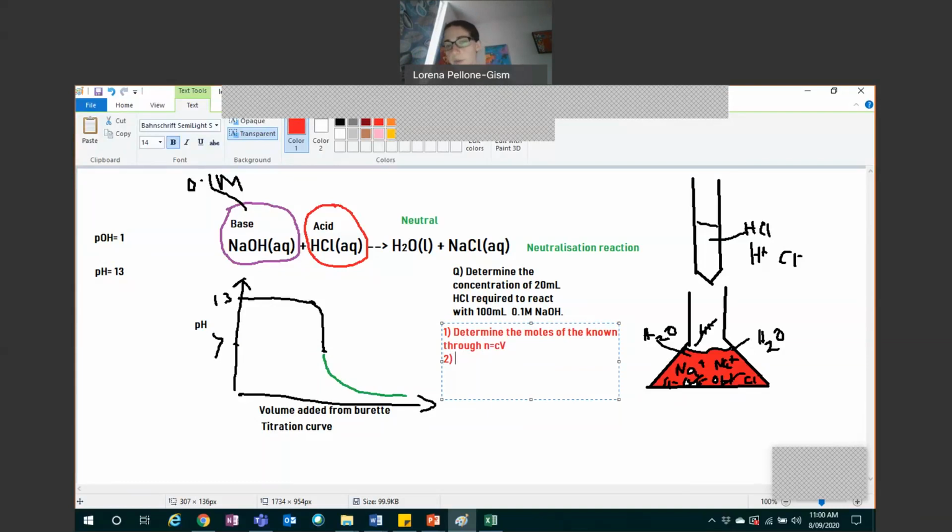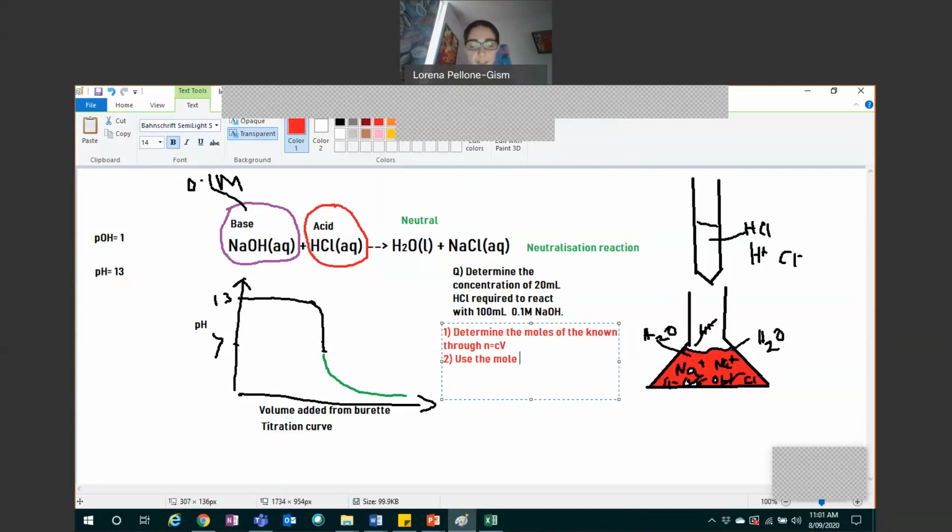Step 2, we're going to work out the moles of the unknown. And the way we're going to do that is the mole ratio. What we mean by mole ratio is, in the equation, how many moles of each are required to react with each other. So you've got sodium hydroxide with a coefficient of 1, HCl with a coefficient of 1, so make sure you balance your equations. The ratio is 1 to 1. You'll get used to this. I'm just giving you some steps for now.